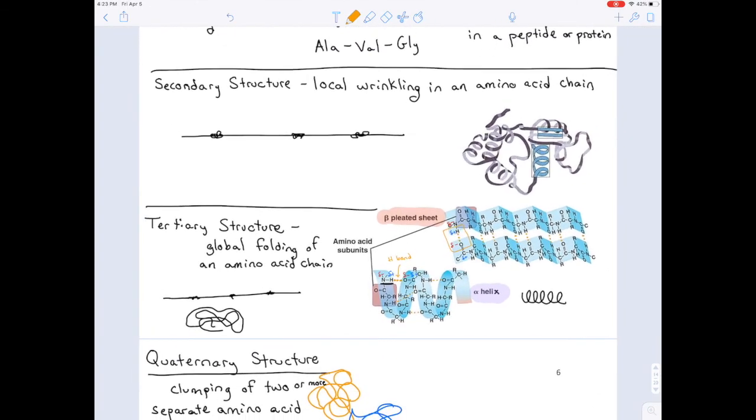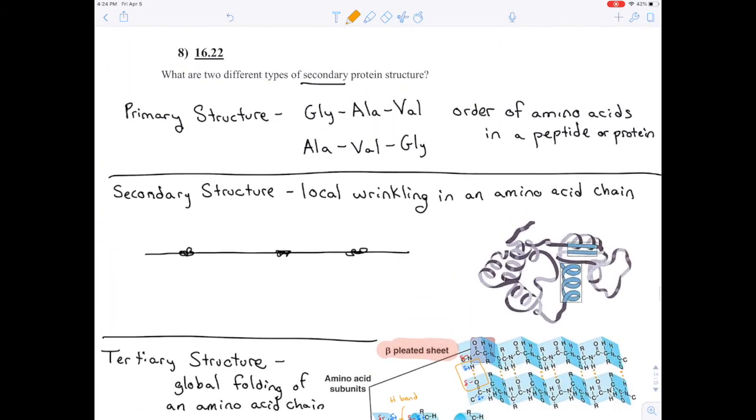So the 2 most important secondary structures are the alpha helix and the beta pleated sheets. An example of beta pleated sheets is the amyloid beta protein that's implicated in Alzheimer's disease.